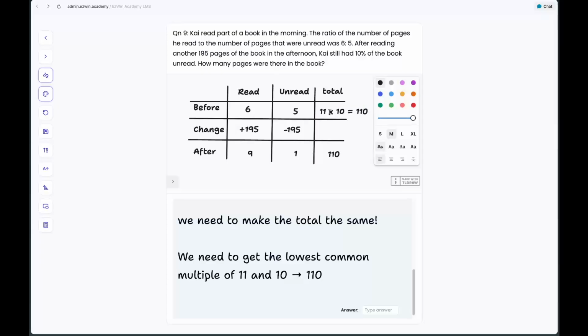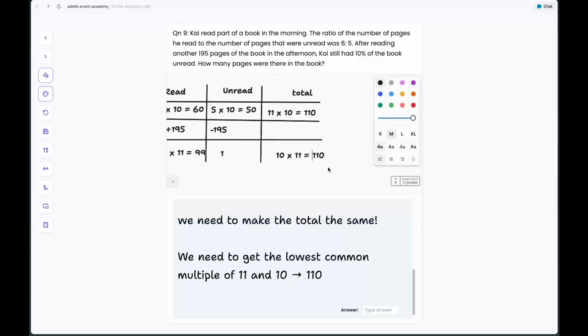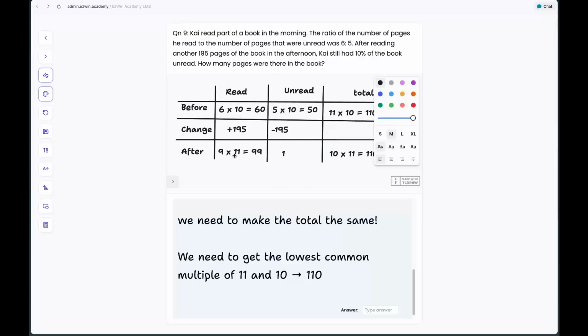So we need to multiply each of our numbers here by 10. So 6 times 10 is equal to 60. Then 5 times 10 equal to 50. Then we're going to do the after as well. So this is 9 times 11, because the total is 10 times 11, which is 110. So 9 times 11 is 99, and 1 times 11 is equal to 11.